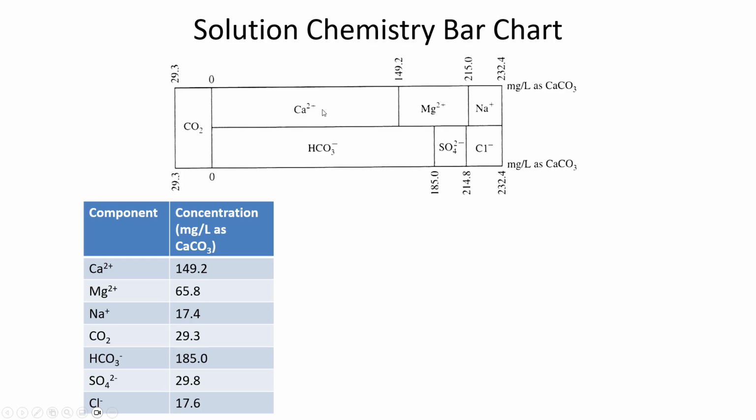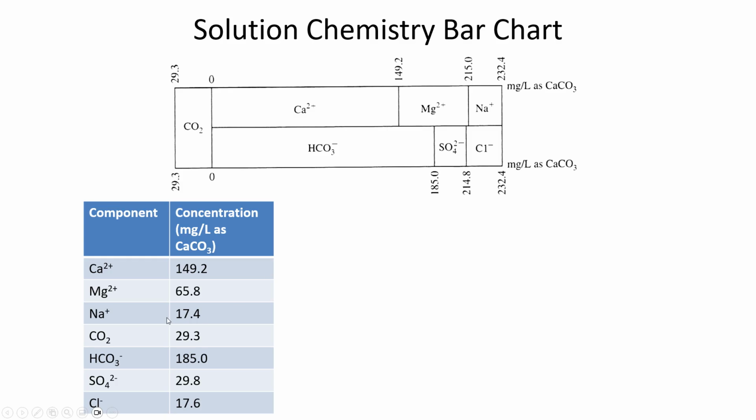So the calcium takes us from 0 to 149.2. And the reason why calcium is first is because it's removed first when we're doing the softening. And you can see magnesium, the length of it is 65.8. So that goes from 149.2, and if you add 65.8, that takes the total charge of the cations up to 215.